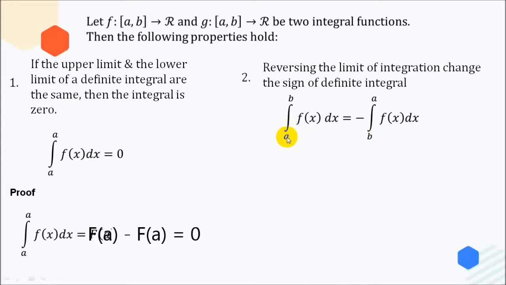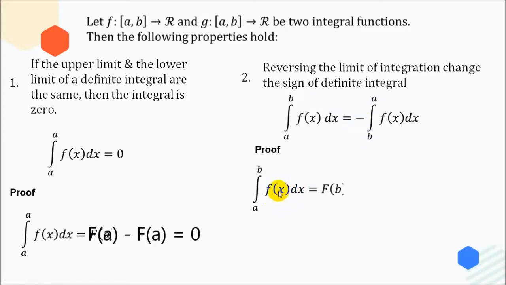In the first we have a as the lower limit, but here we have b as the lower limit, and the upper limit is a. So if we reverse the limits of integration, we change the sign with a negative.